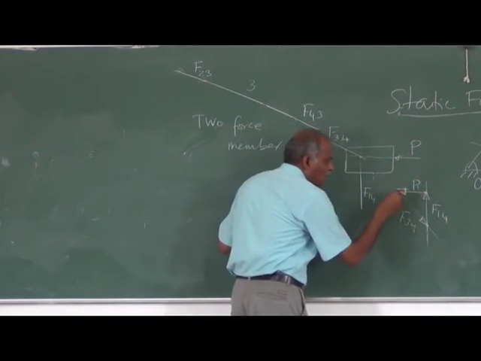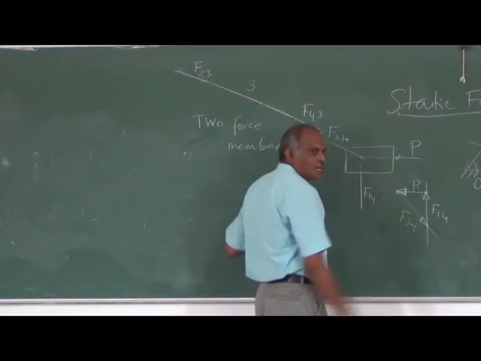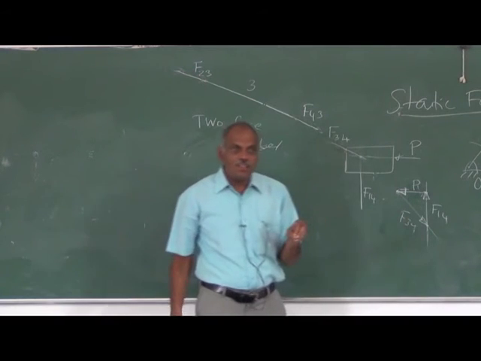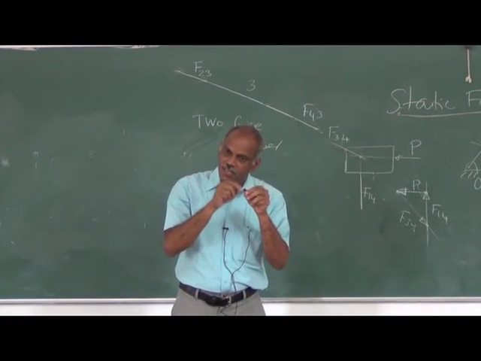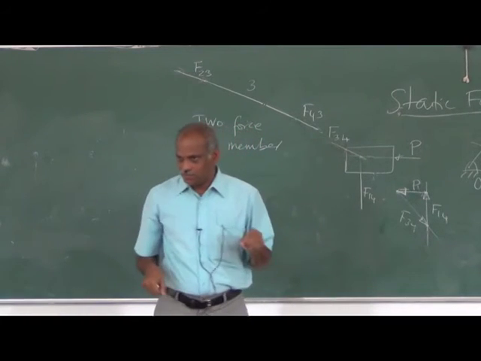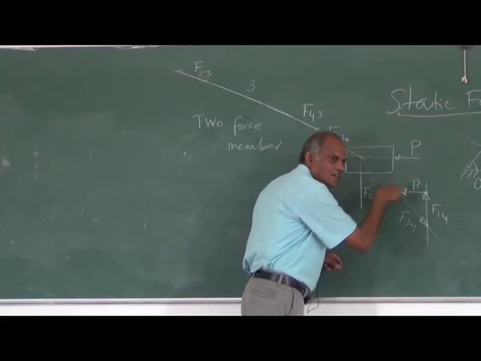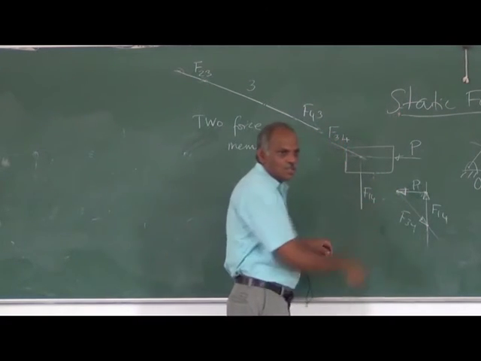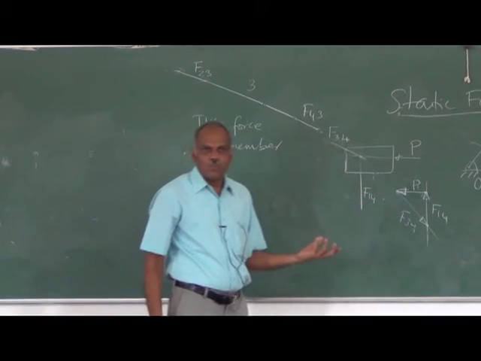Wherever you start, you must go along the direction of the vector and you have to come back to the same point. That means graphically when you are adding all these vectors, the net is 0. Okay? So you draw this, you get a closed triangle, so that means it is 0.